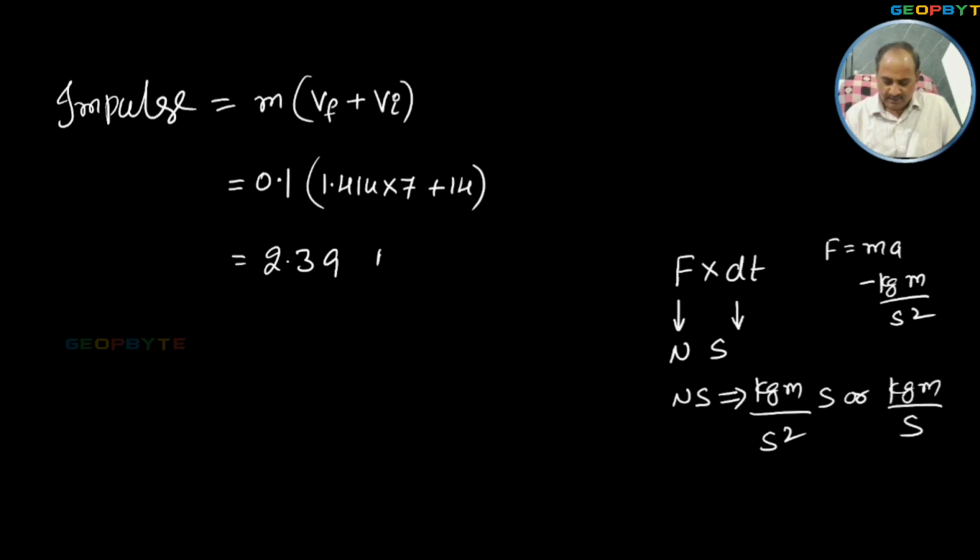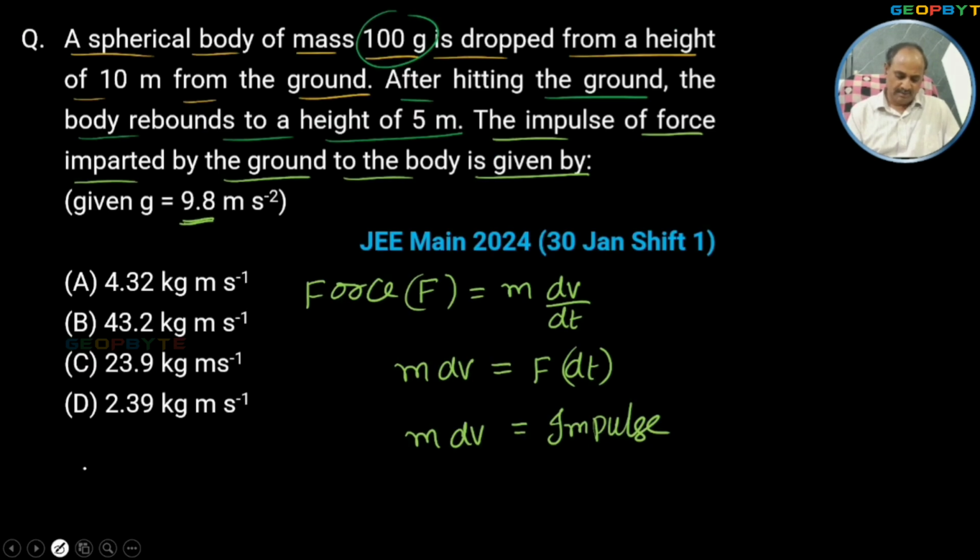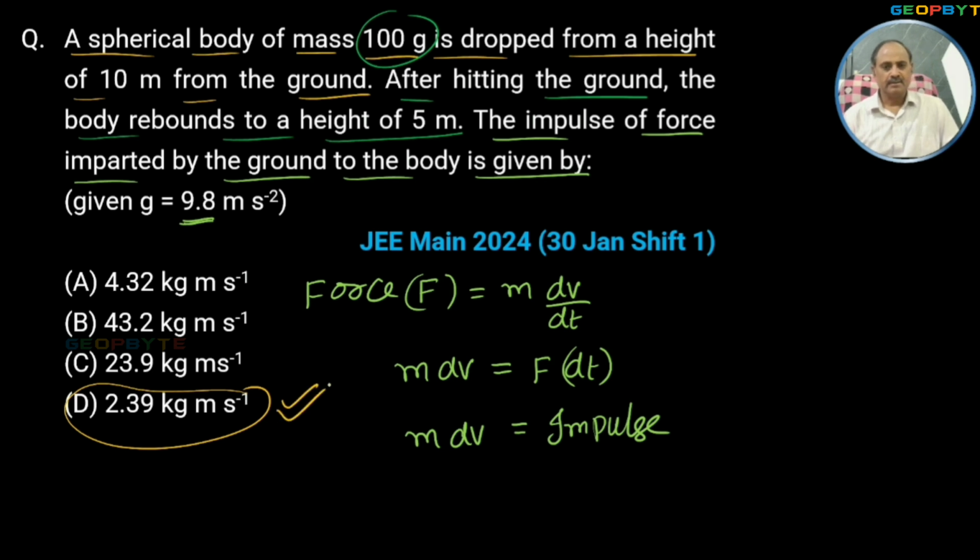Its unit is either Newton second or kg meter per second. So look at the options. 2.39: look at option D. Option D is absolutely correct. Understood clearly? It is a very, very important problem, I can say a 5-star problem. 5-star problem means most expected problem. Shall I take the next problem?